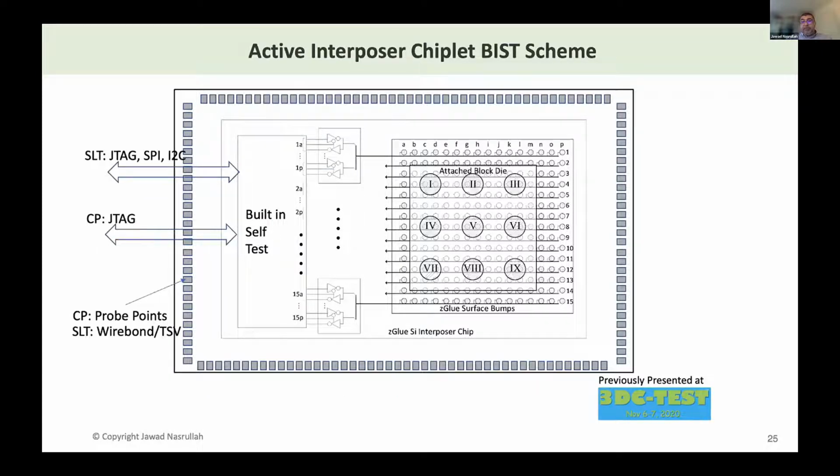So I'll give you an example here. Like I mentioned, the fabric was a bunch of these pogo pin-like things, which are really copper pillars, and the chiplets were being assembled on top of it.